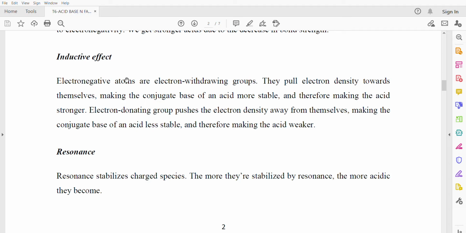So if there is a possibility of carbocation, CH3 positive will be very unstable. It doesn't want to be CH3 positive, but C positive with CH3, or CH2 positive CH3, is somewhat more stable than CH3 positive.